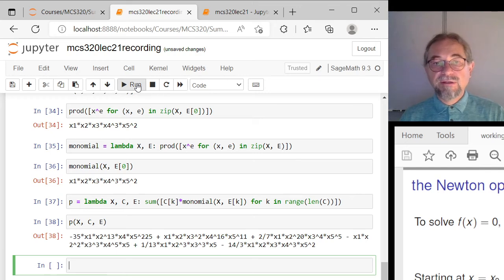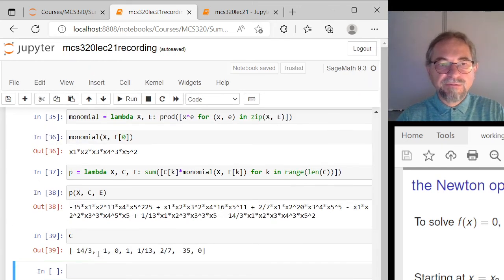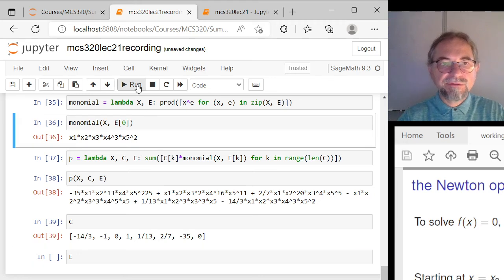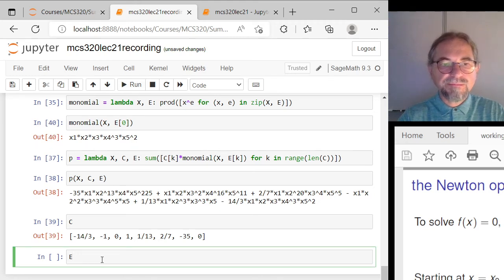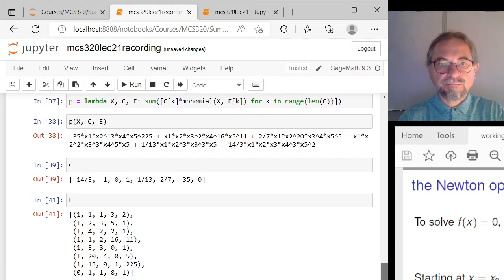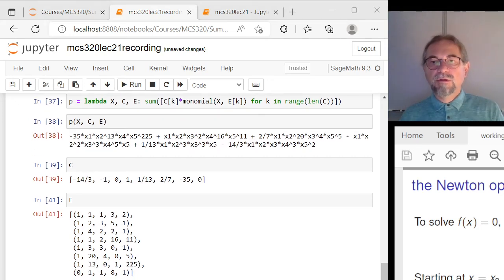So here you see the random polynomial that I make, and for verification, let me list the coefficients and the exponents. Okay, so this is the end of our second exercise.